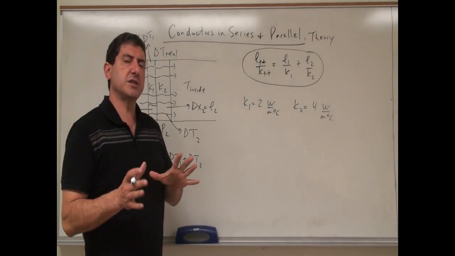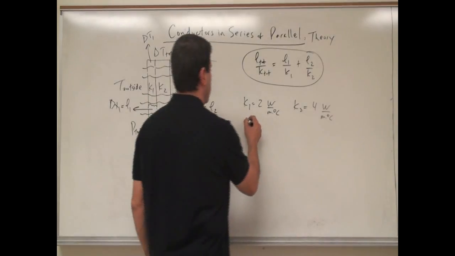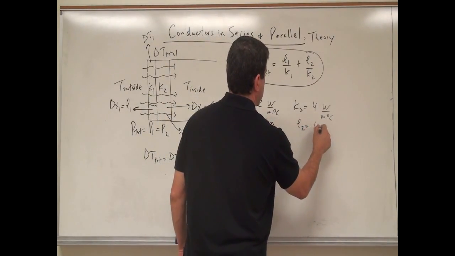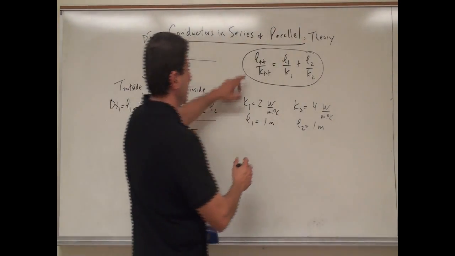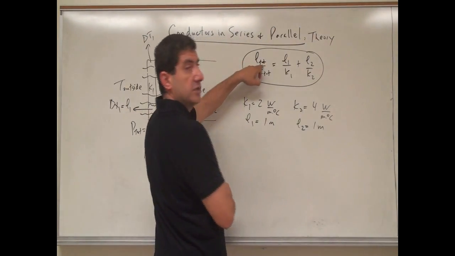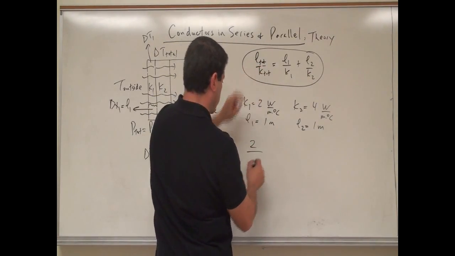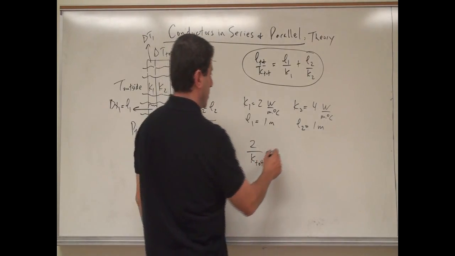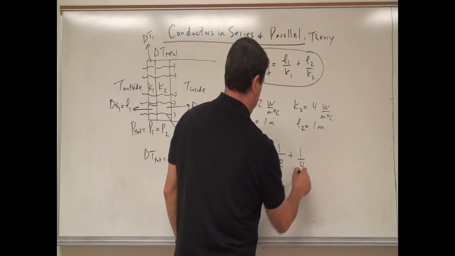So let's just say, to make it easy, that they have the same thickness. L1 is equal to 1 meter, L2 is equal to 1 meter. So then how would they add up in series? In that case, L total will be 2 meters, right? It's the total thickness over K total, which I don't know yet, equal to 1 over 2 plus 1 over 4.